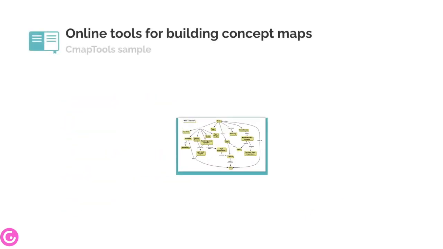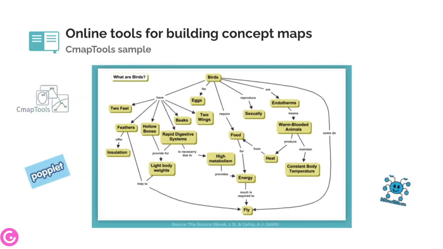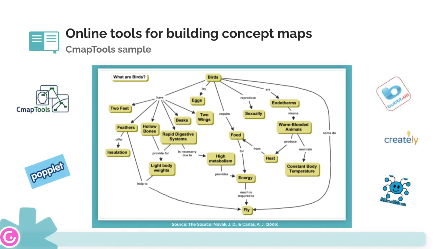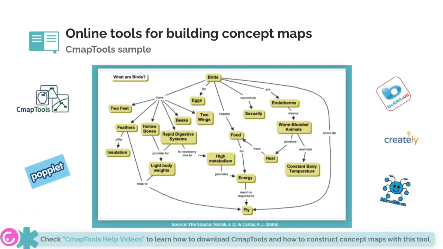There are different tools that you can use for making concept maps on your computer. We recommend using the software Simuptools, which is a concept mapping software that allows us to easily create visual representations of concepts and relationships among them, using lines and linking words to form a network of interrelated propositions that represent knowledge of a topic.